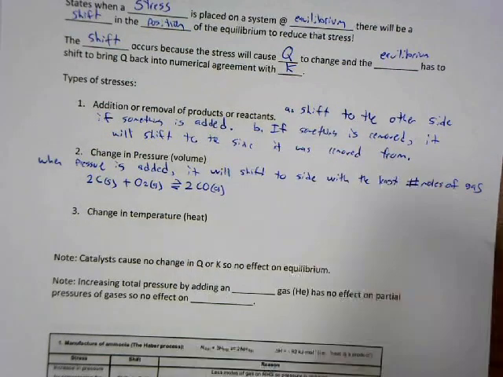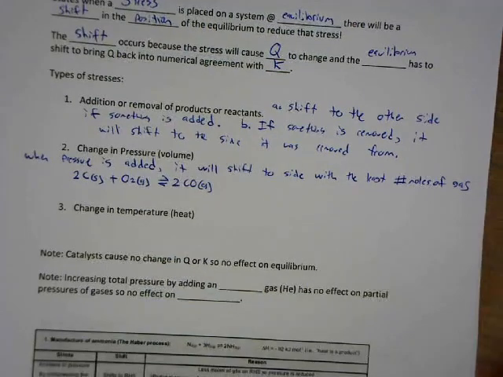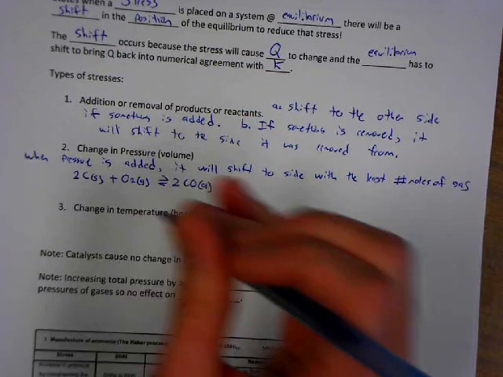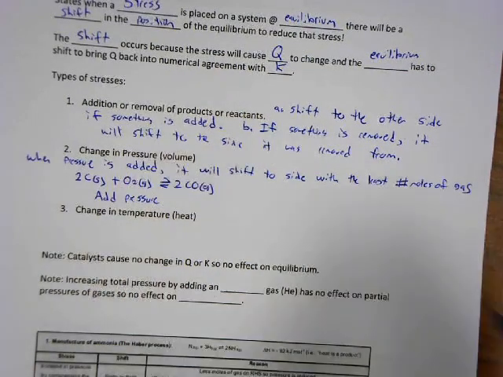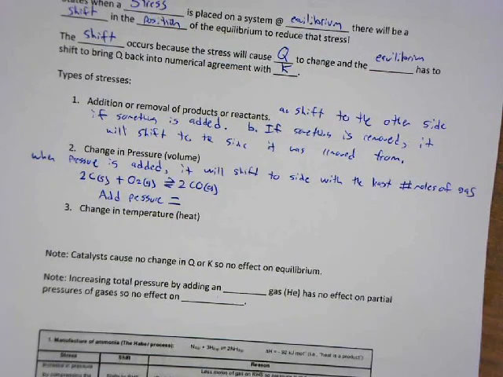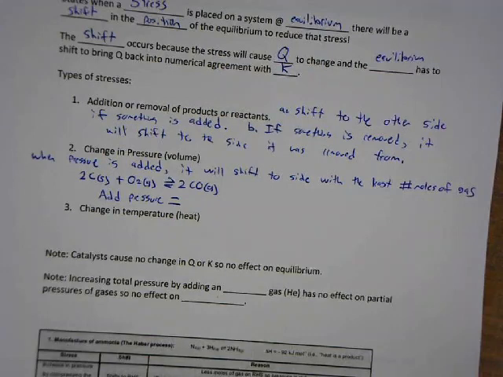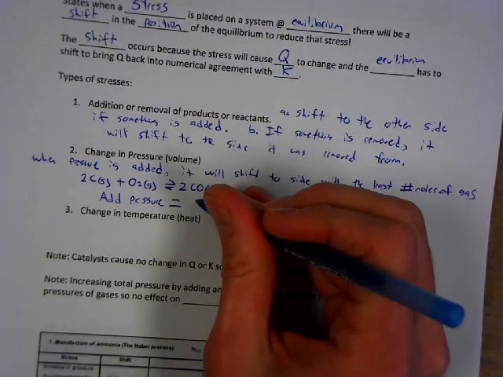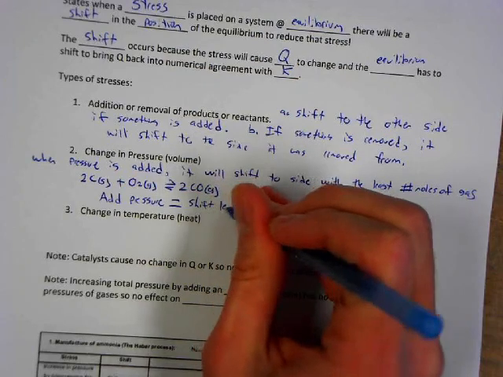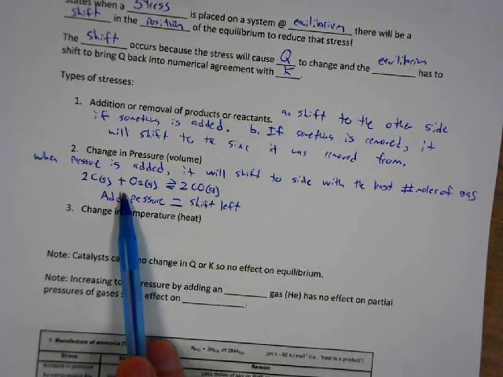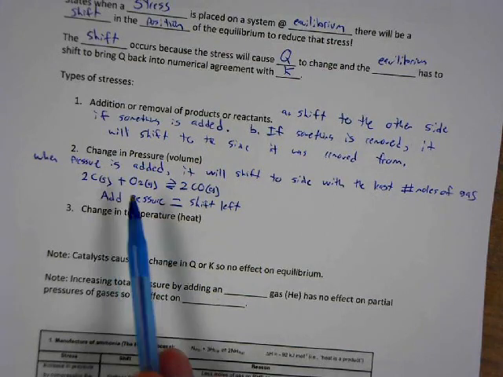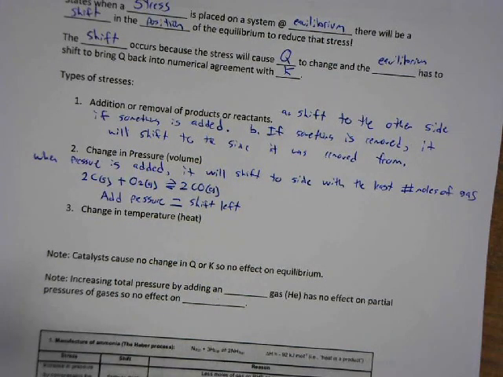So I'm going to give you an example. If I have 2C solid plus O2 gas in equilibrium with 2CO gas, and I add pressure to this system, which way will it shift?